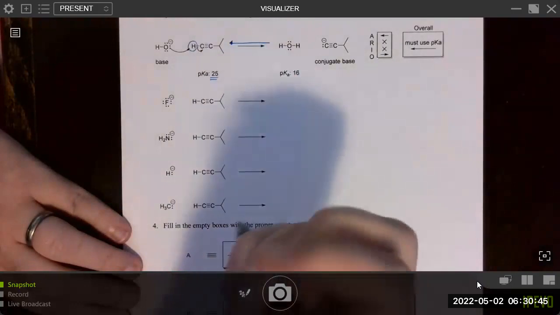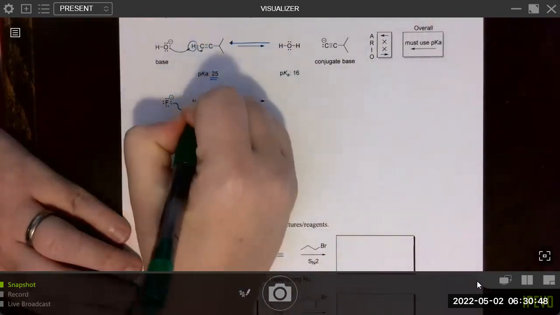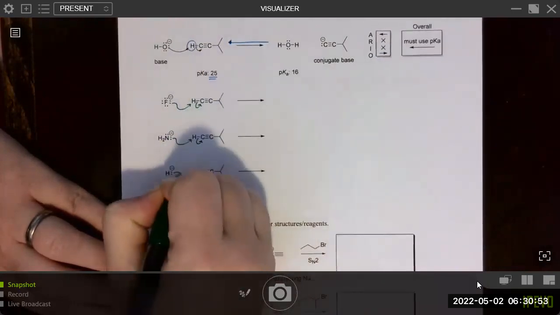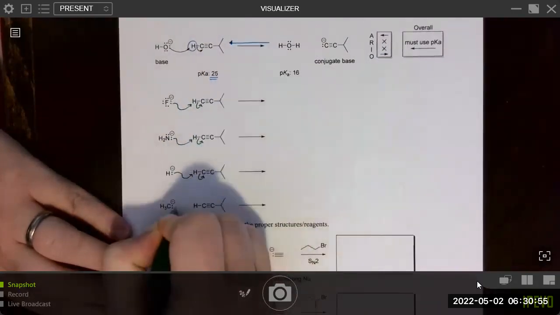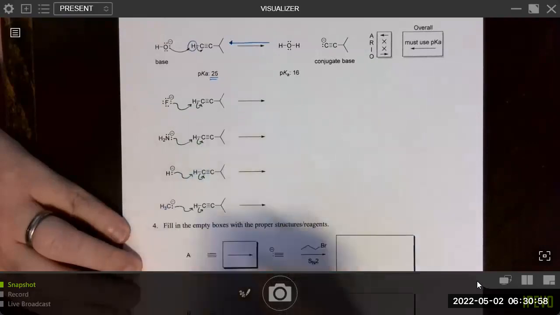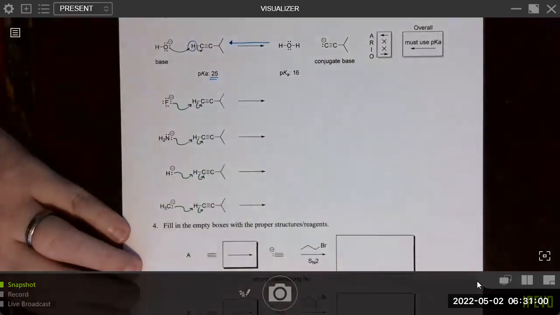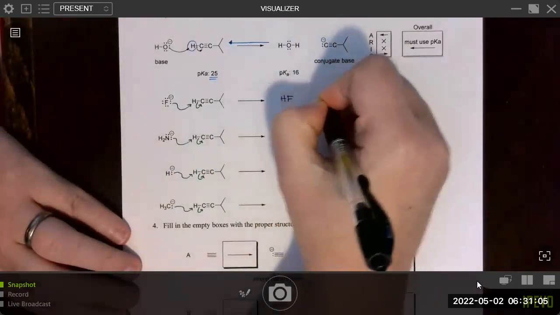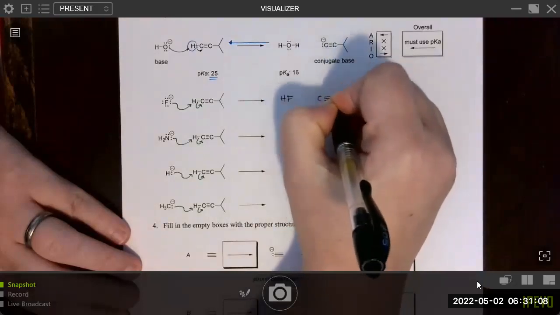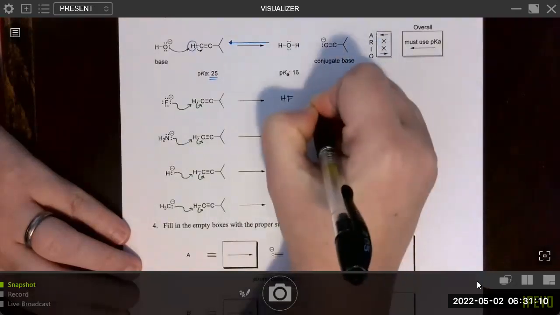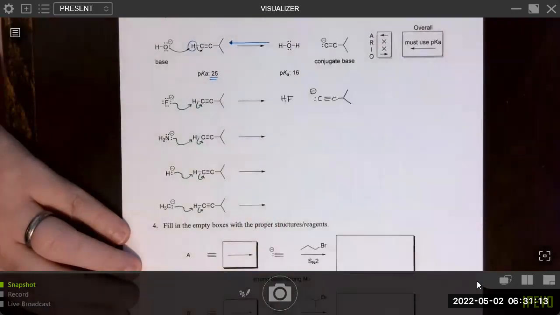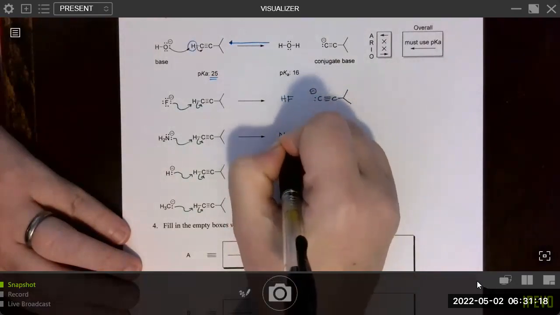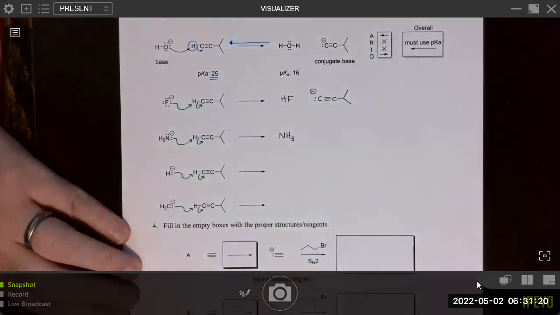Let's do that first. This is our base, proton transfer. So we need to go in and draw in the products. So we have HF. It's going to be the same alkynide ion in all cases. The only thing that's going to change is the conjugate acid.